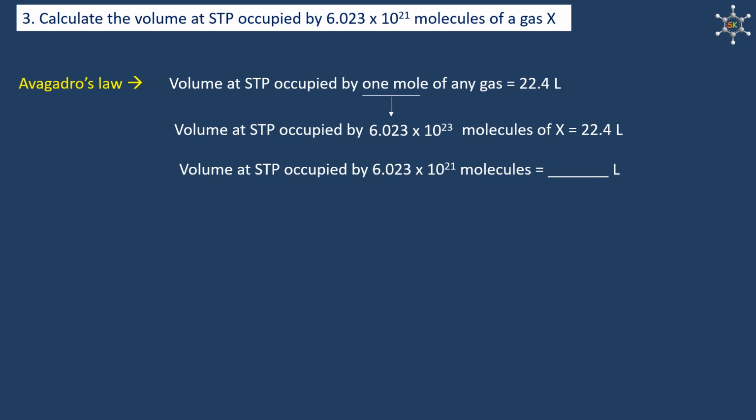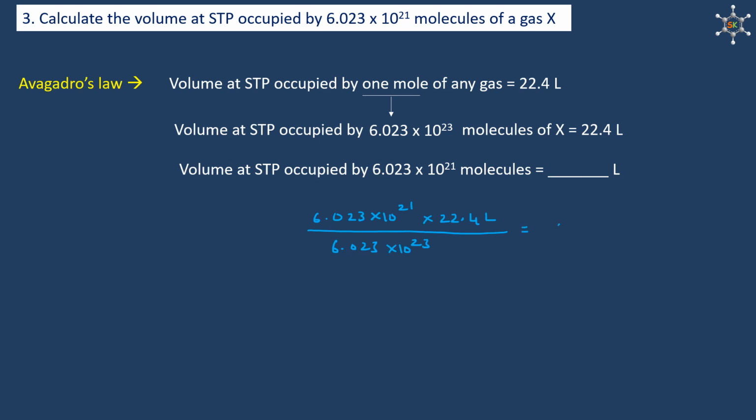So 6.023 into 10 to the power of 21 multiplied by 22.4 liters divided by 6.023 into 10 to the power of 23.